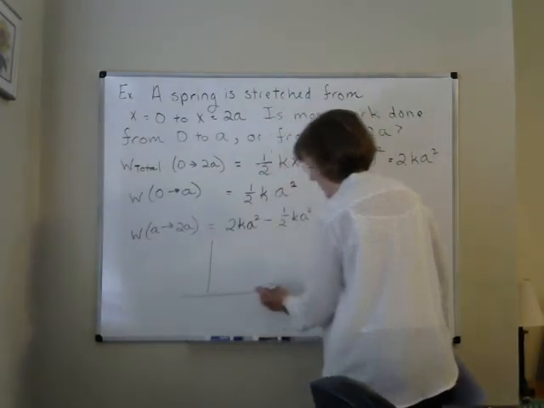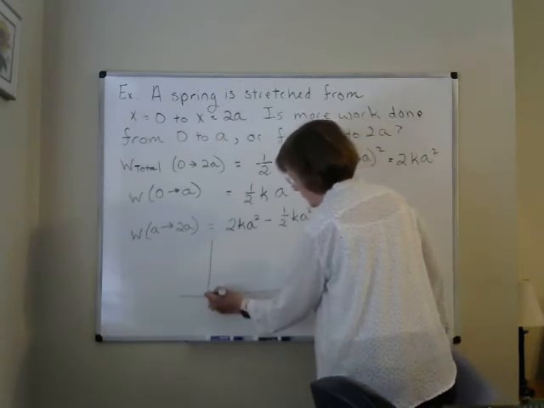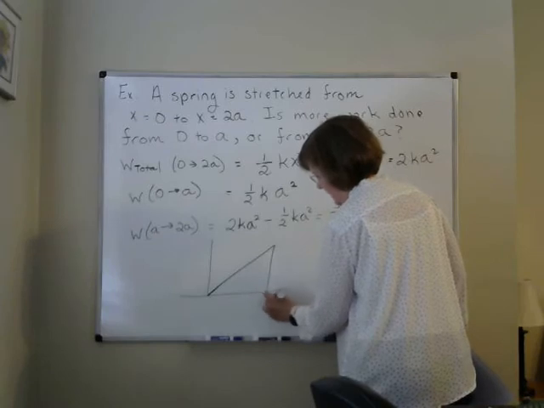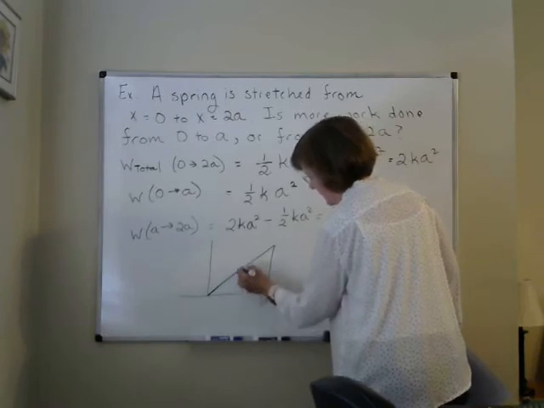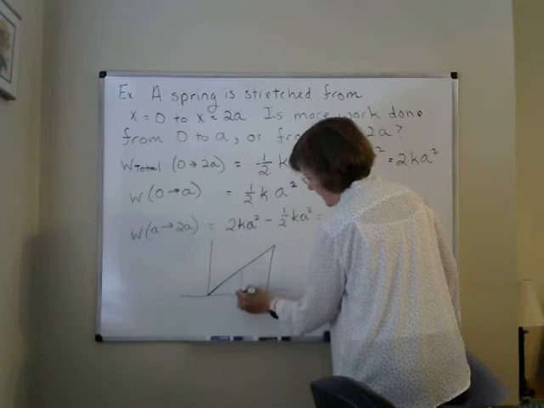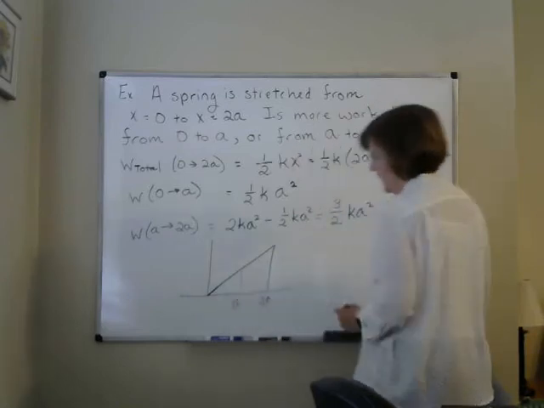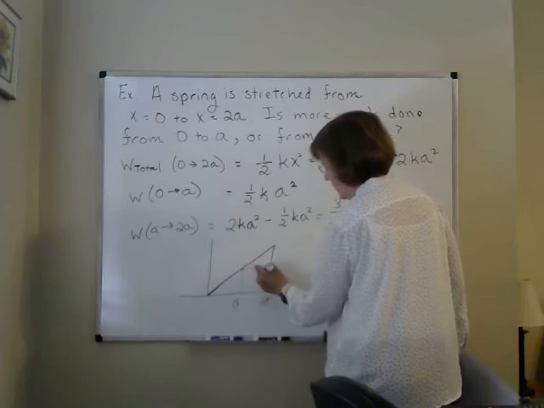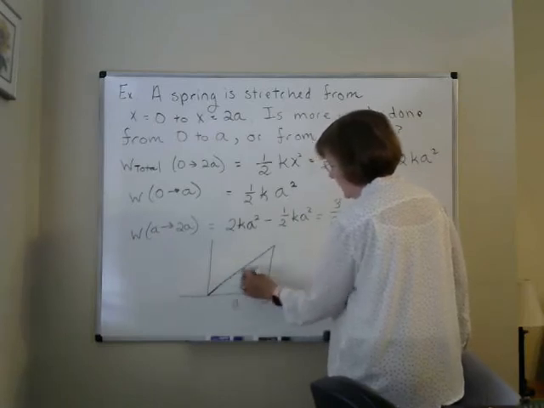So here's our picture. This is 2a. This is a. If we look at the area under the curve, this triangle and that triangle are identical.